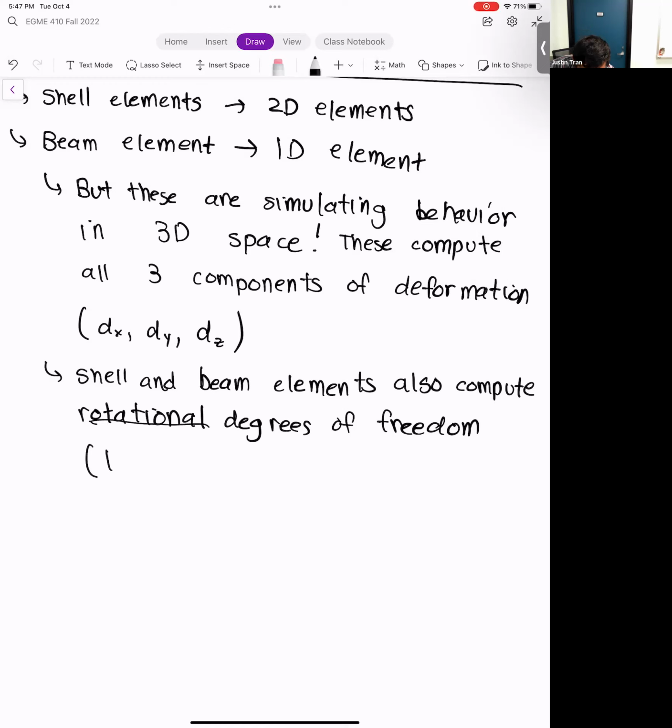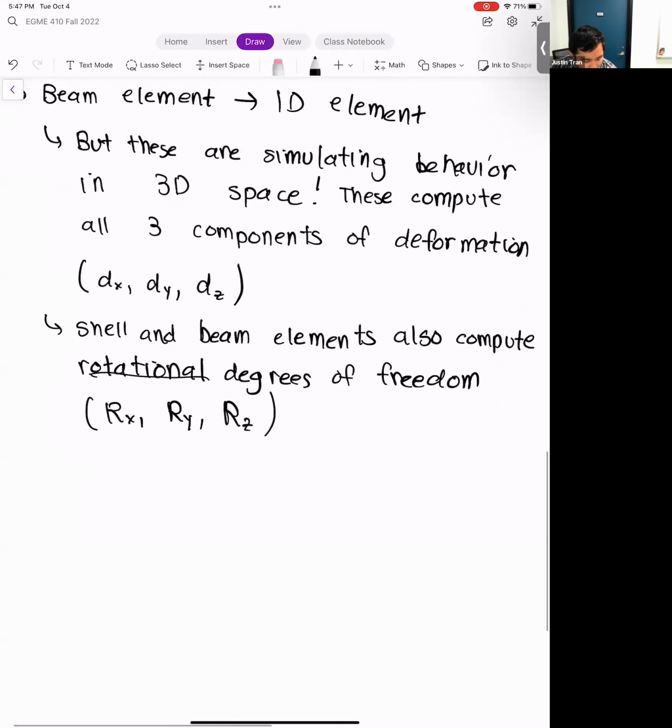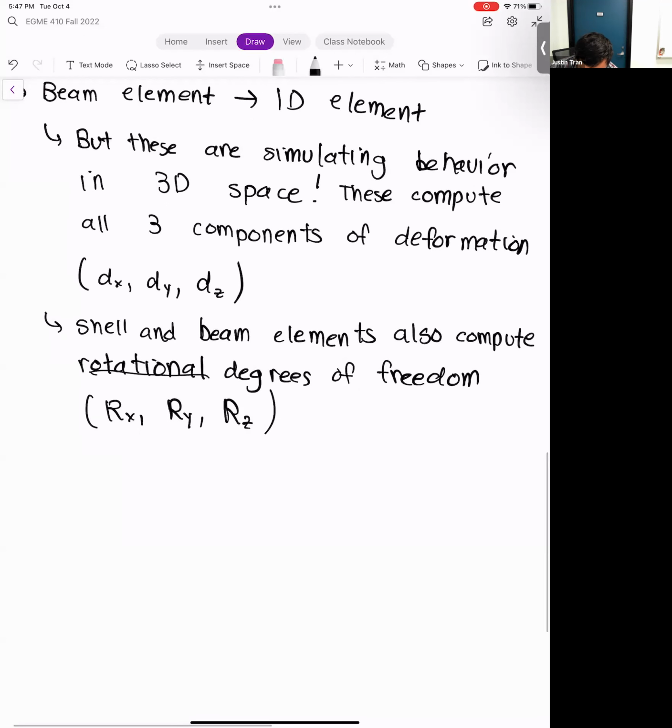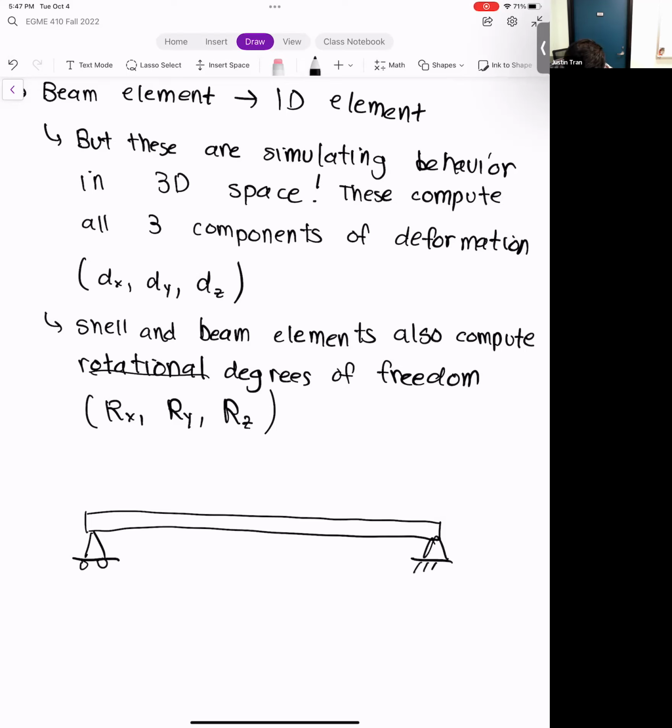I'll call those Rx, Ry, Rz. You might be asking, what are the rotational degrees of freedom? Well, if you have a beam like this, and if you remember anything from beam theory from 331, or wherever you learned it, we know that when we solve our beam equations, we get the displacement of the beam.